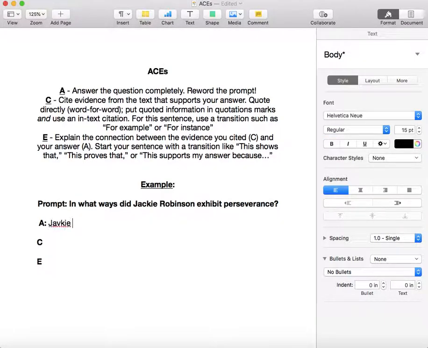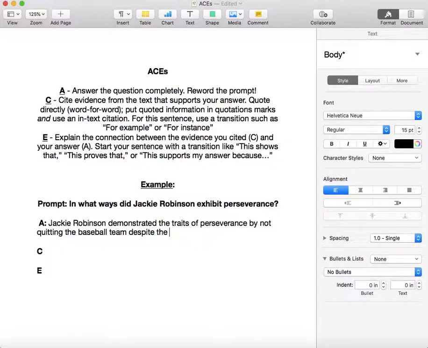So, Jackie Robinson demonstrated the traits of perseverance by not quitting the baseball team despite the discrimination he faced.